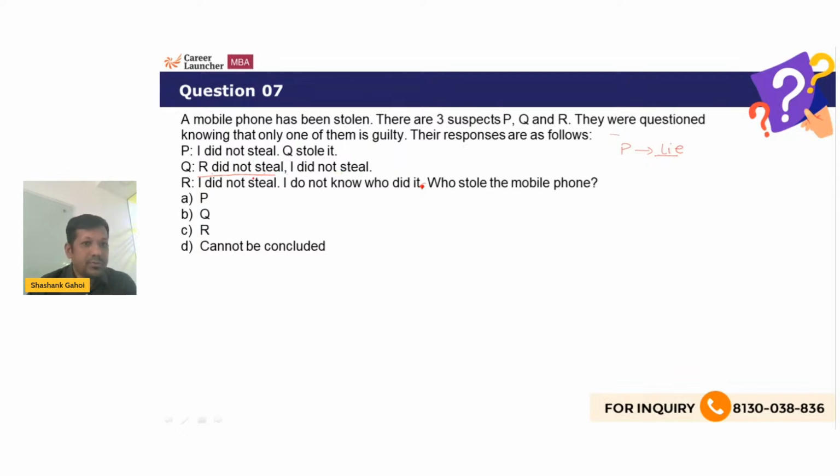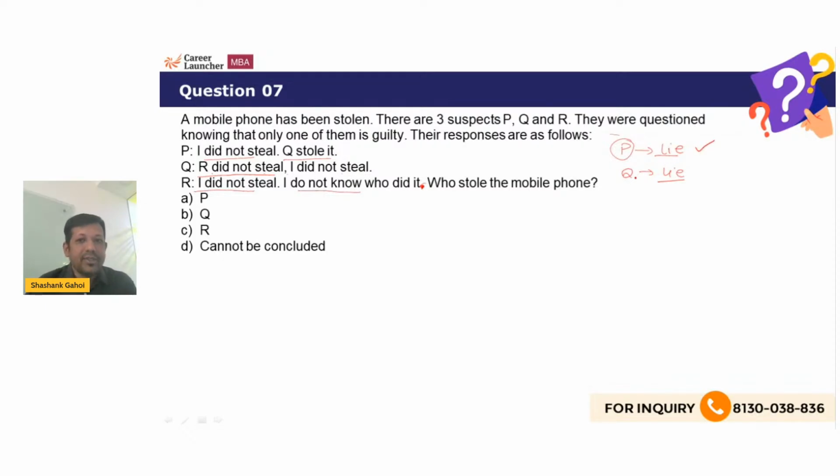That is also true. R says I don't know who did it. That's also true. So there is a possibility that P stole, right? Now if I say Q is lying, in this case Q's claim that Q did not steal it would be a lie. So basically P might be the guy who's guilty.